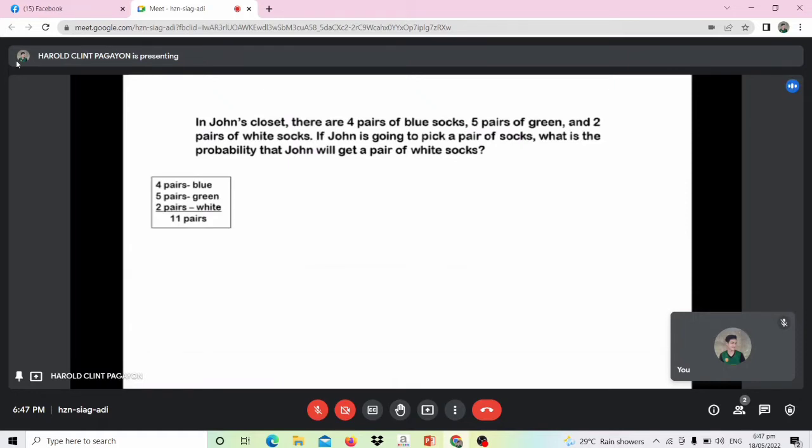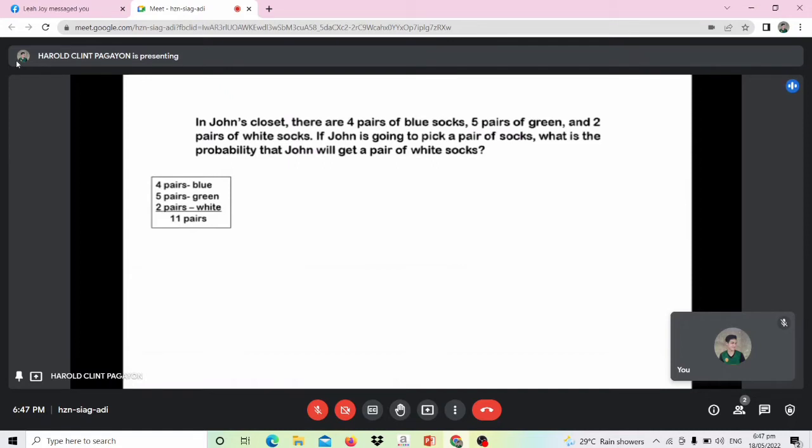As stated in the problem, we have 4 pairs of black socks, 5 pairs of green socks, 2 pairs of white socks, a total of 11 pairs.